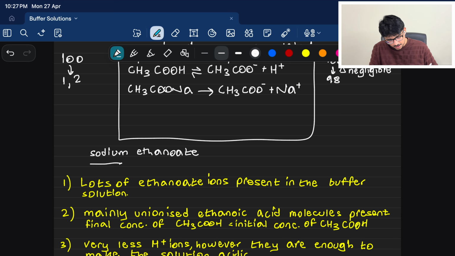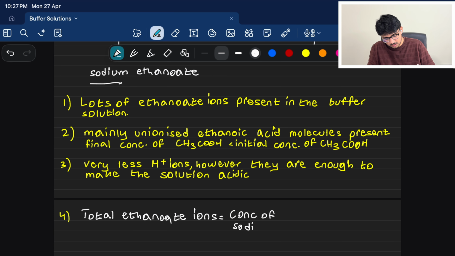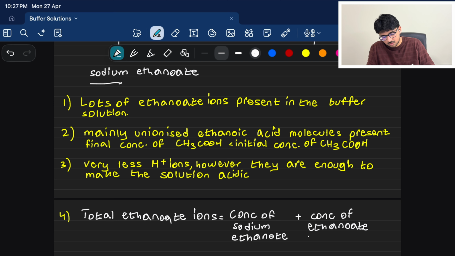You would say that to calculate the total ethanoate ions, I would write down the concentration of sodium ethanoate, and we'll understand why we are writing this in a second, plus the concentration of ethanoate ions produced from the dissociation of the acid. Now, I know this equation doesn't make sense.